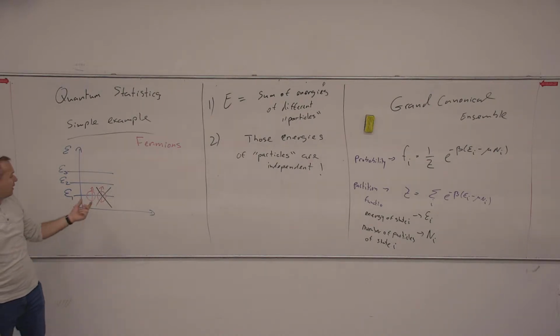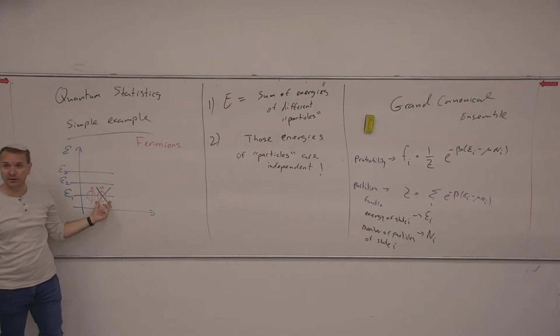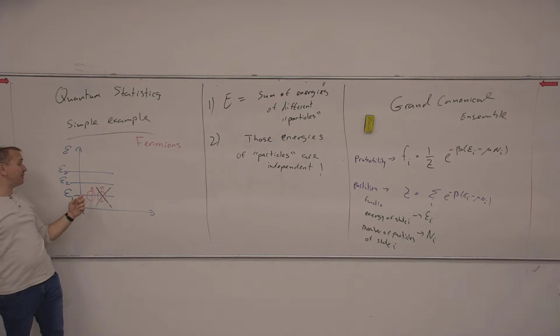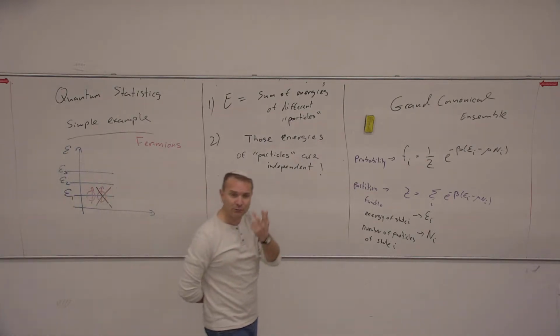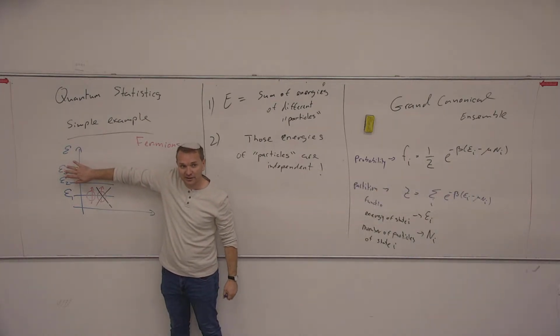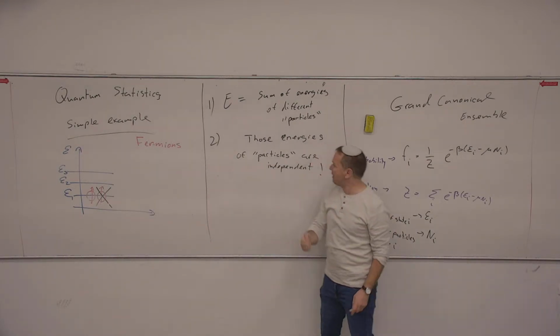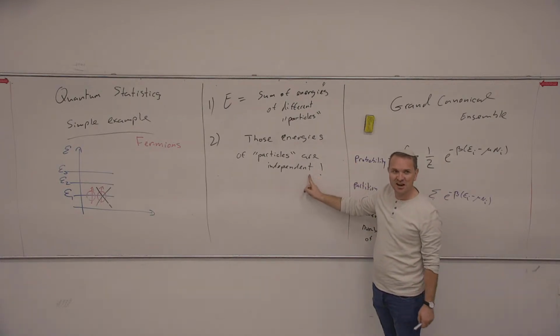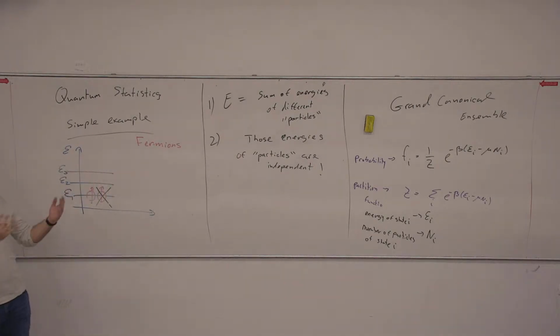Because the total energy is the sum of energies of different particles, I look at the energy of the second particle, and it can't be epsilon 1, because the first particle has epsilon 1. So you don't have independence. Even if you have only two levels, you have this strong constraint, and this strong constraint kills independence. This is why the regular approach of factorization does not work.